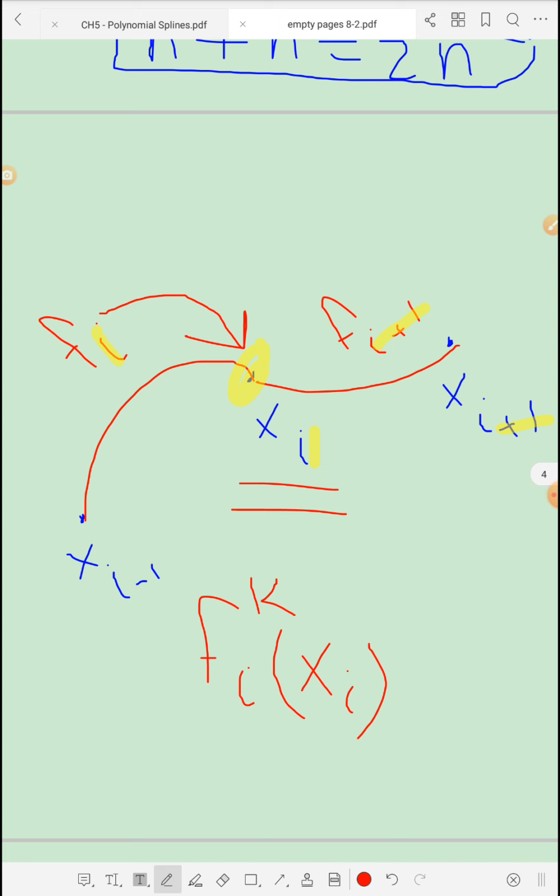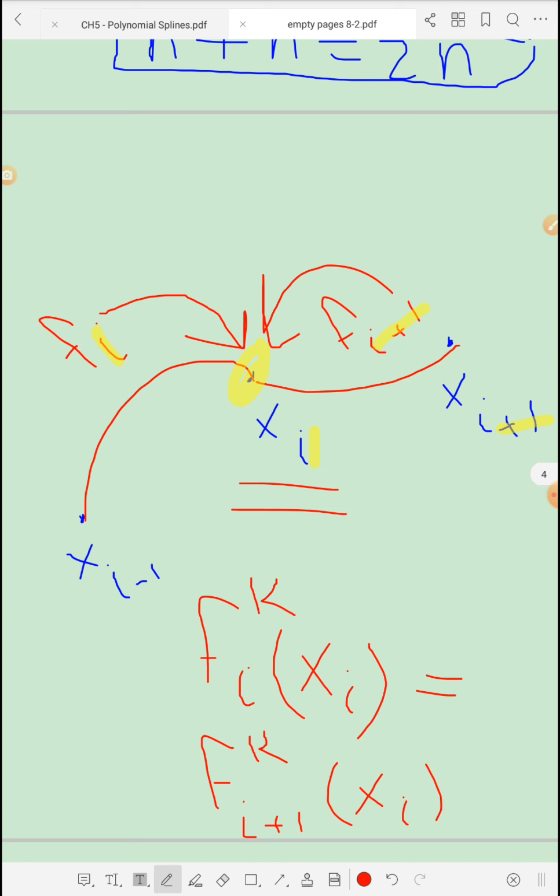Okay, it should be equal to the derivative of this polynomial at the same node. So it should be equal to the kth derivative of the right one, fi plus 1, at xi.